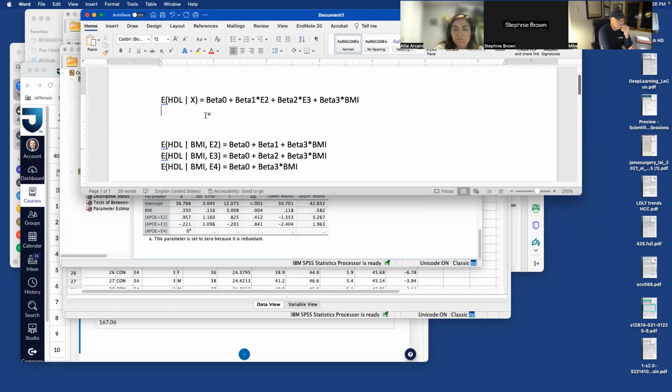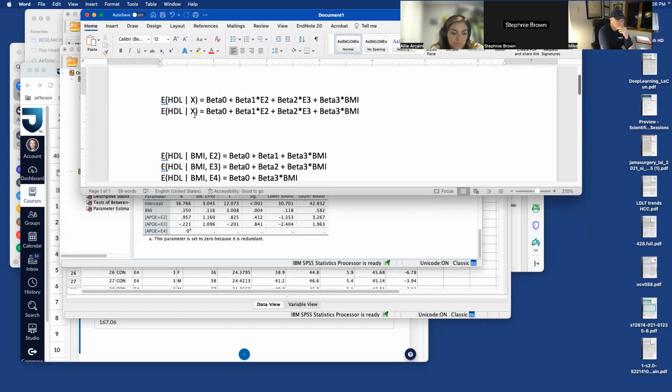So our actual equation is 36.766. Now, of course, the betas are in, anyway, beta 3 is now beta 1, unfortunately. So let's rewrite this because SPSS is being stupid.